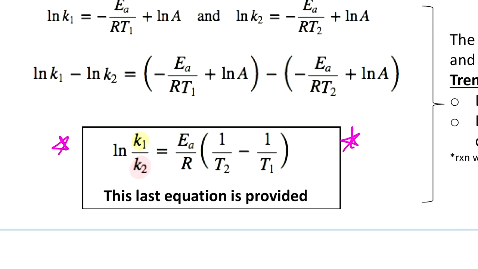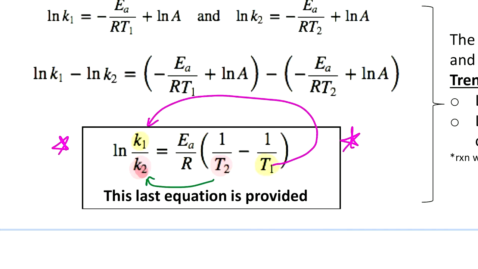So the difficulty in this equation is you need to make sure that the temperature is in the right spot with its rate constant. So K1 is the rate constant at the first temperature, versus K2, the rate constant at the second temperature. We need to make sure our values are in the right spot here, all right?